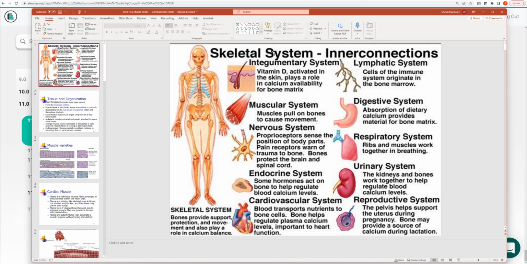That hematopoiesis is also a connection between the skeletal system and the cardiovascular system. The digestive system is absorbing the calcium from your diet that is necessary for bone strength. Your ribs are working to protect your lungs. And we understand too that the pelvic bones are protecting the reproductive organs. These are just a few examples of how systems connect to each other.